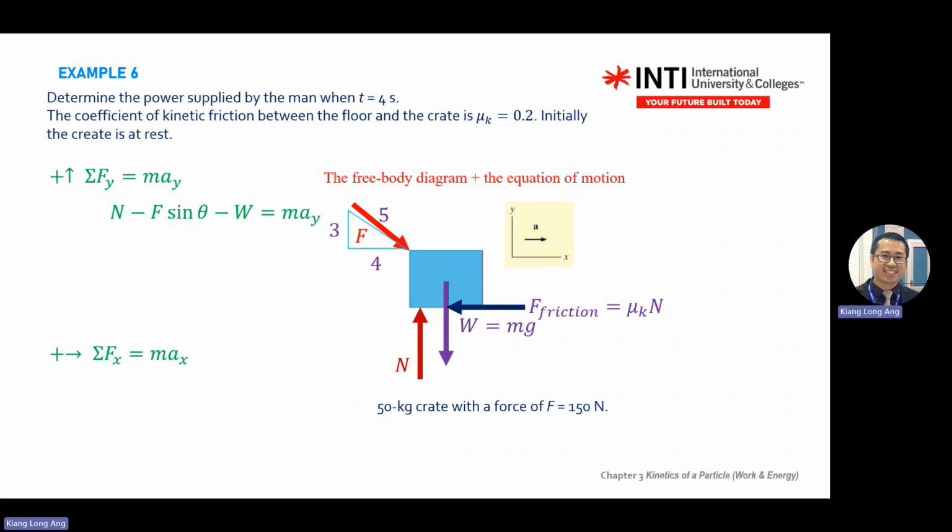What is ay for this box? Zero? Yes, it doesn't move into the floor. So 0. Yeah, so on the right will be 0.